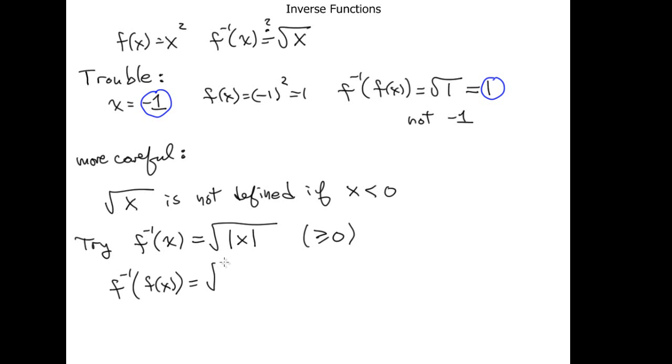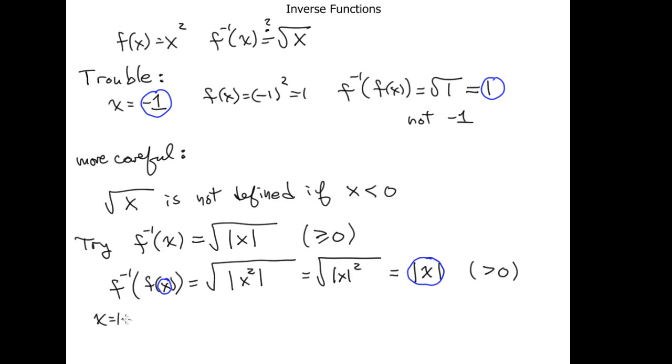So let's check. f inverse of f of x is the square root of the absolute value of x squared, and that's the absolute value of x, which is greater than or equal to 0. Is this the correct inverse function? Well, again, you have to check, is x equal to the absolute value of x? Not necessarily.